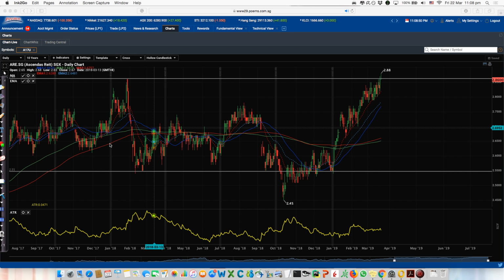Now, what you can do is, for example, when you see that the price is going up too much, you can sell to take profit, and then you can buy the shares later when the price goes down, because the price cannot just go up. At some point it will retrace back.